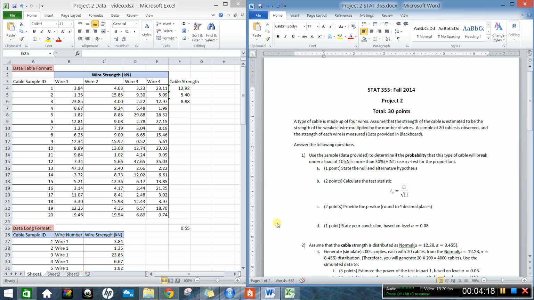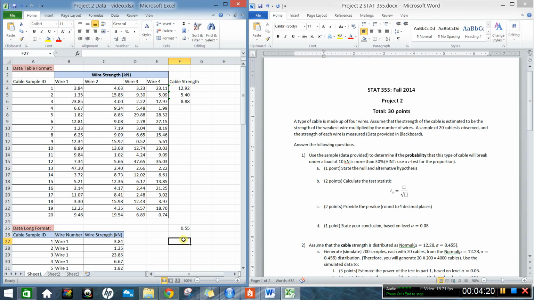Next, provide the p-value. You can calculate the p-value in Excel, or you could use the table. If you choose to use Excel, say, for example, we were to calculate our test statistic and it's 1.96. It's not, but say, for example, it was. To calculate the p-value, you could use this function called NORM.DIST.